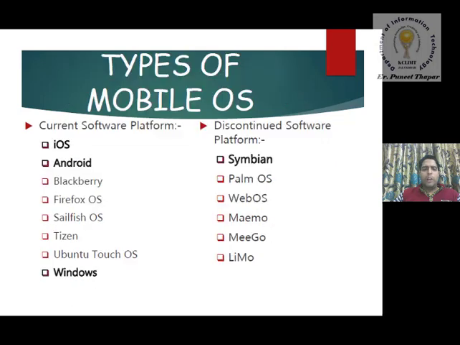But nowadays, mobile operating systems have advanced hugely, with many current software platforms. The current platforms are iOS, Android, and Windows; the bolded ones are the main operating systems. BlackBerry, Firefox OS, Sailfish OS, Tizen, and Ubuntu Touch are also available but very little used, only on specific devices.